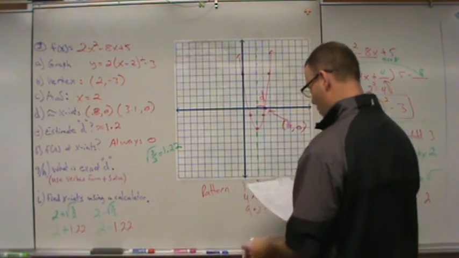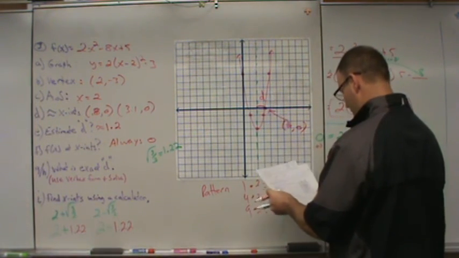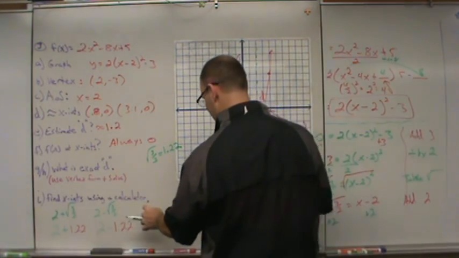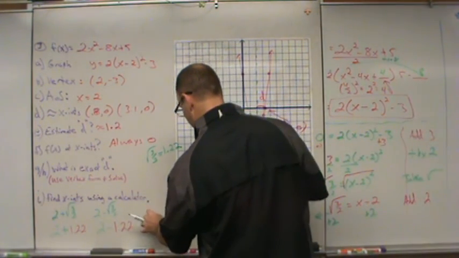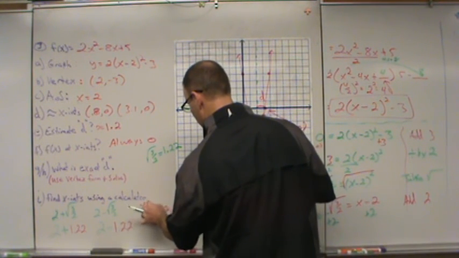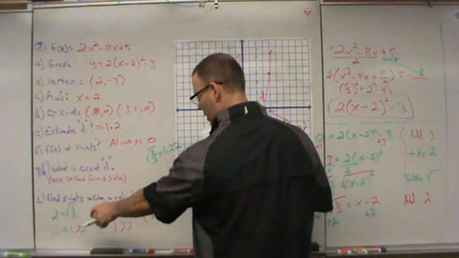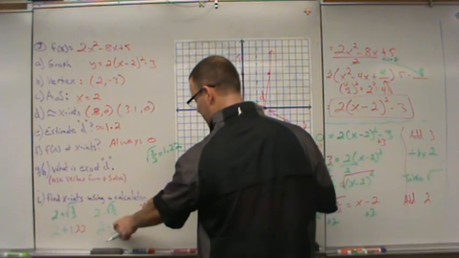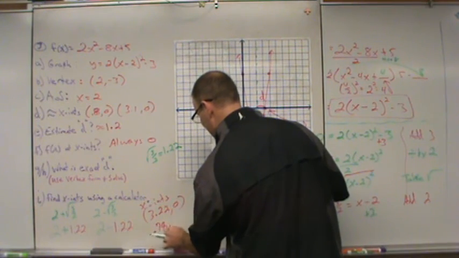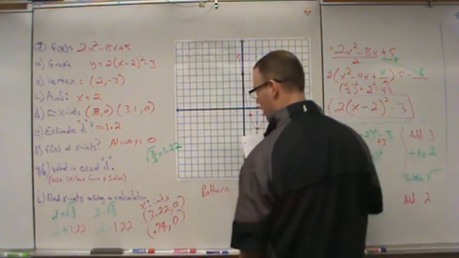That's the way I figure out what these decimals are. So I'm going to have one x-intercept at 3.22 and 0. And the other x-intercept is going to be 2 minus 1.22, which is 0.78 and 0.